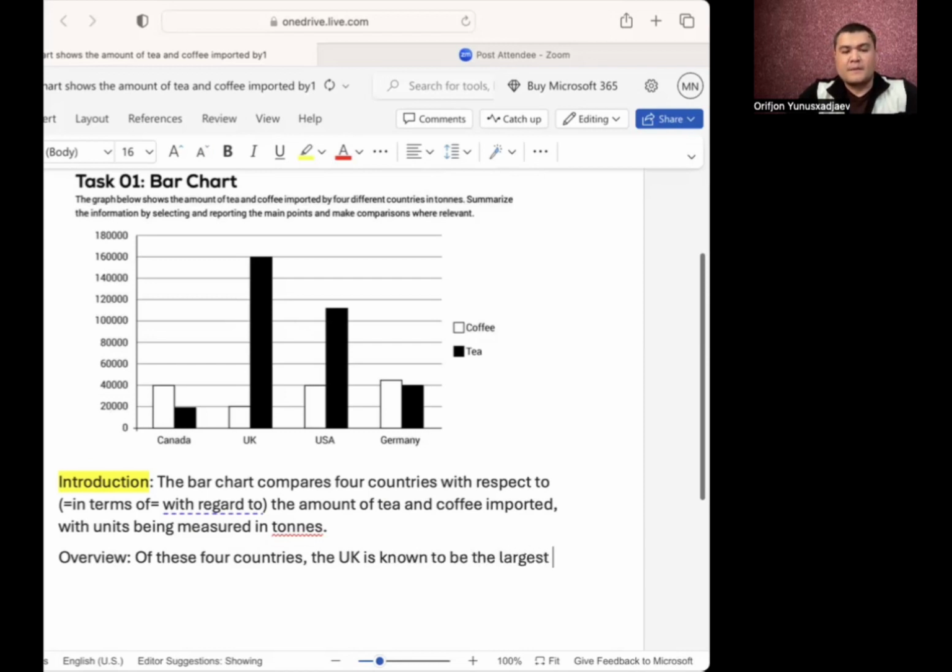right? A person or a country that imports something is an importer. So the UK is known to be the largest importer, right? Importer of tea. Yes. And then I like to talk about coffee.